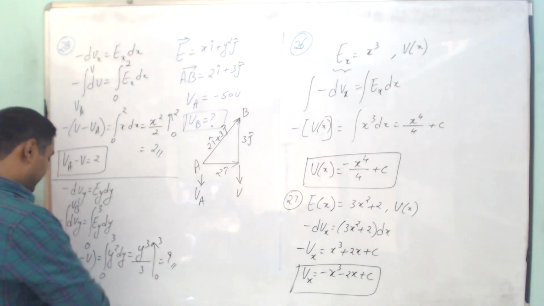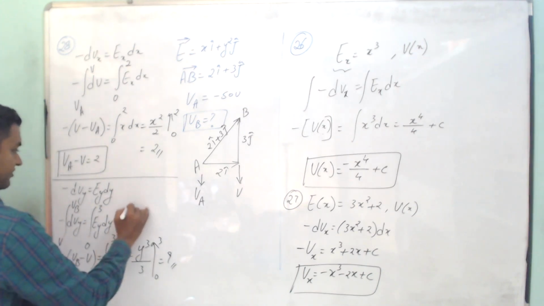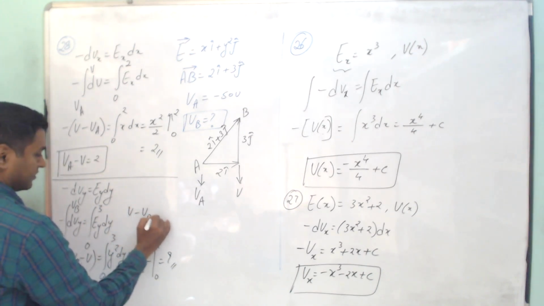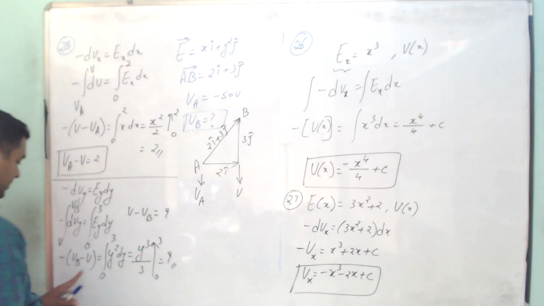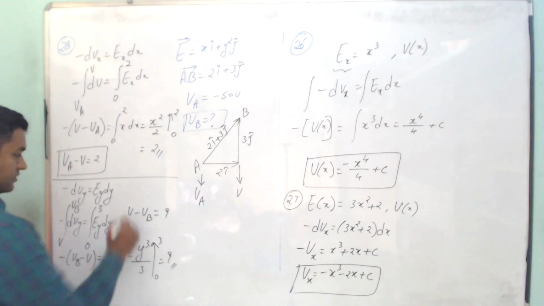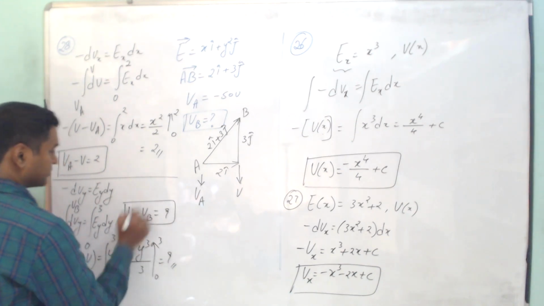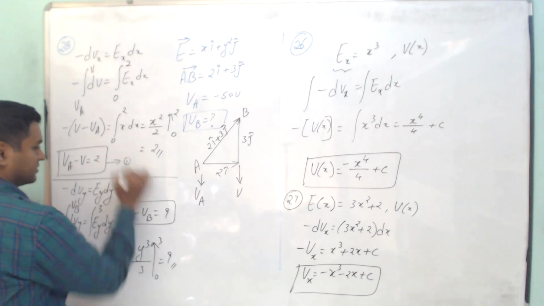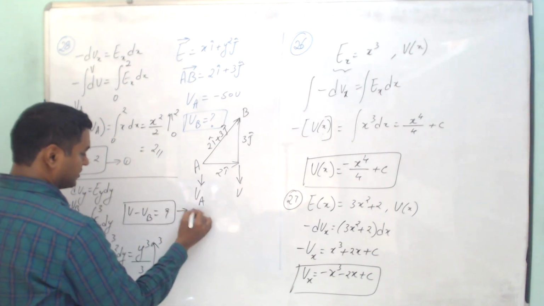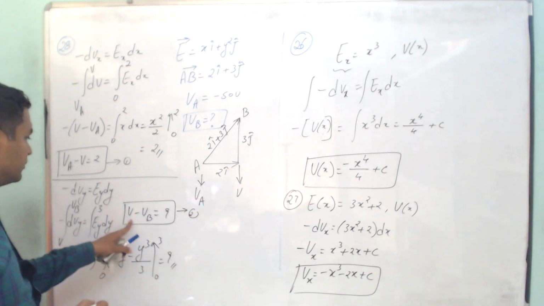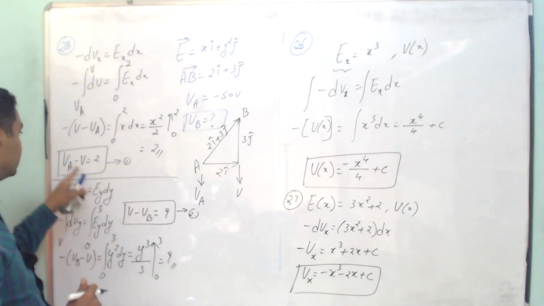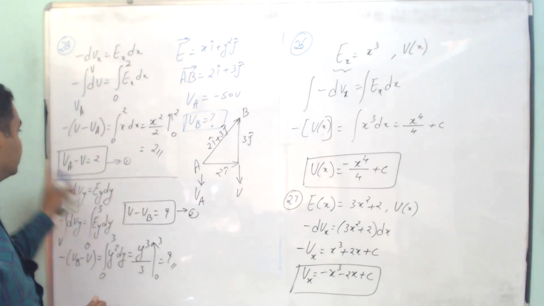Fine. So what did I get from here? I got V minus VB is equal to 9, right? This is my second equation. This is my first equation. Now adding these two, I can eliminate my V. Minus V plus V will cancel.